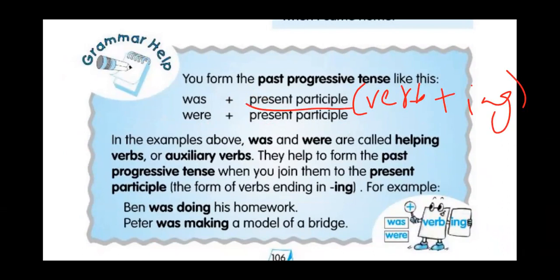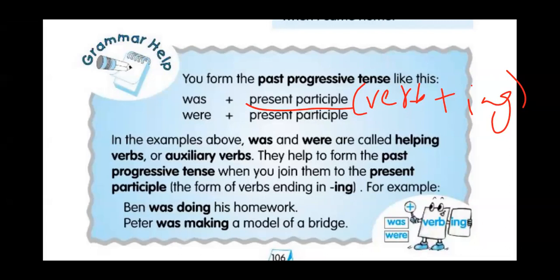Verb plus ing is present participle, whereas verb plus ed will be past participle. For were we use ing.